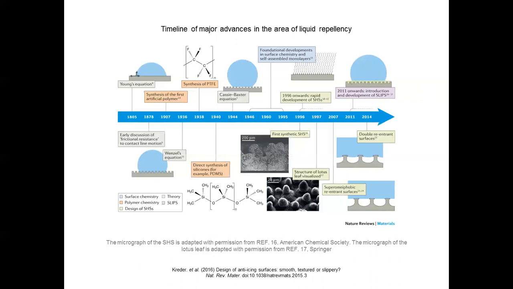We would look back in 1805 when Young developed his famous equation, and then we go forward into the early equations from Wetzel in and around the beginning of World War II, well, before World War II, in 1936. And then we would look at how this would take us to other areas that chemists would use these different processes, and they would develop materials such as PTFE and PDMS.